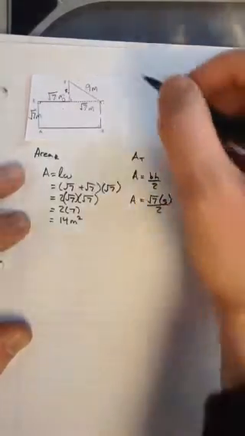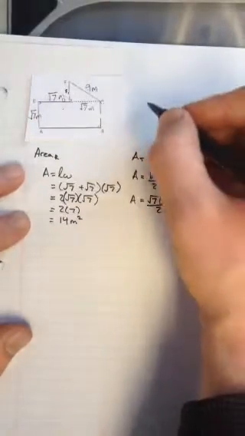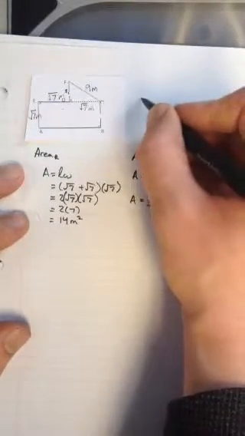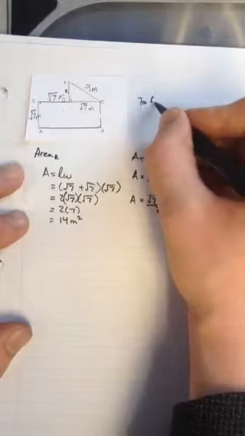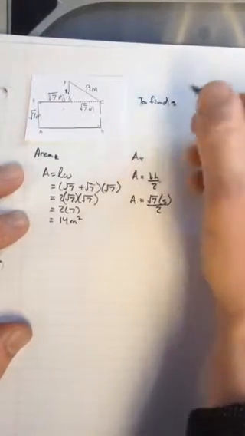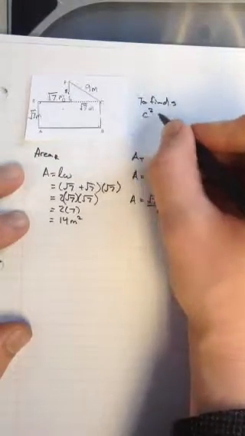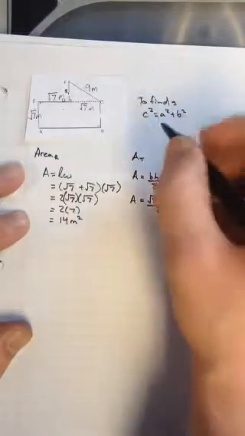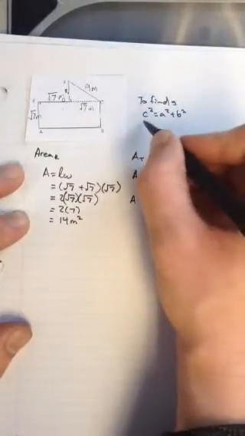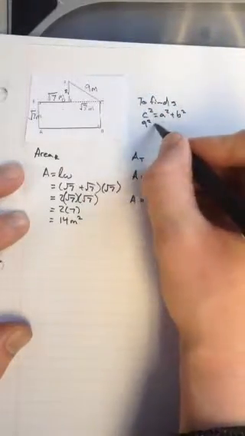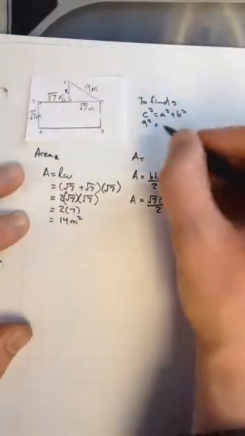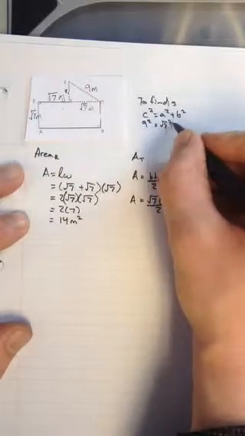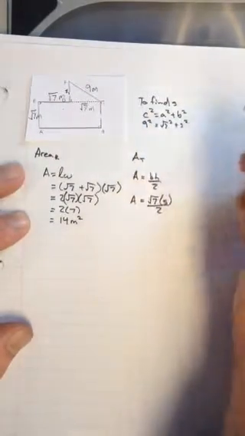And so off to the side here, I'll find S using the Pythagorean theorem. So to find S, I'll use C squared equals A squared plus B squared. Now C is the hypotenuse, 9, so we have 9 squared equals A, we'll let A be our base, so root 7 squared plus S squared.